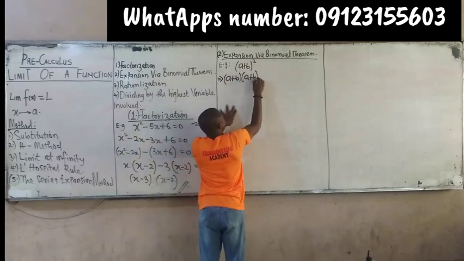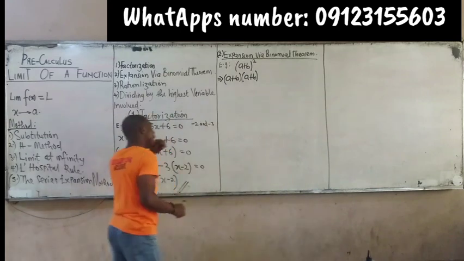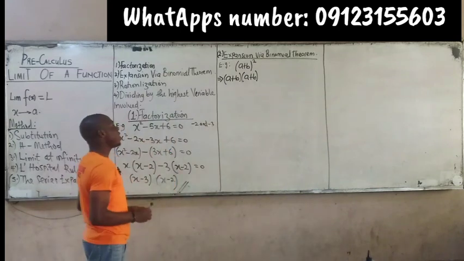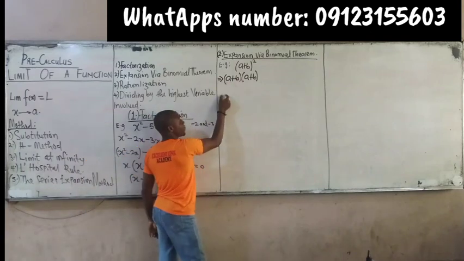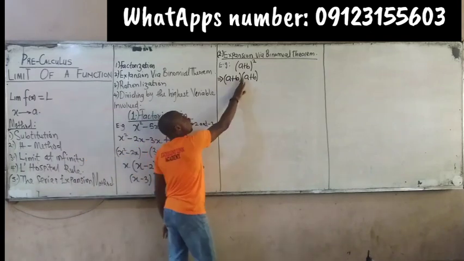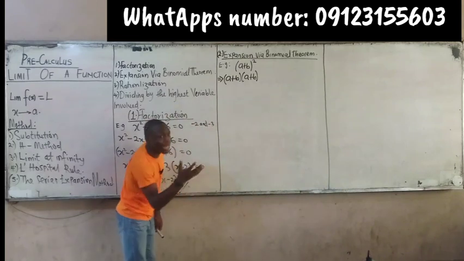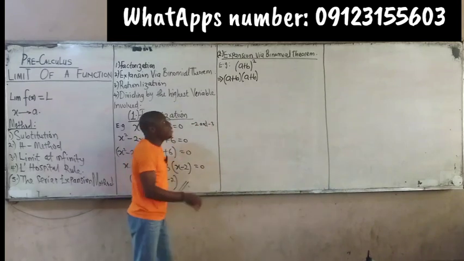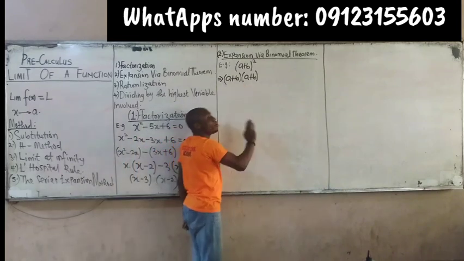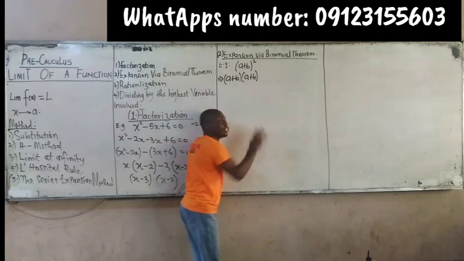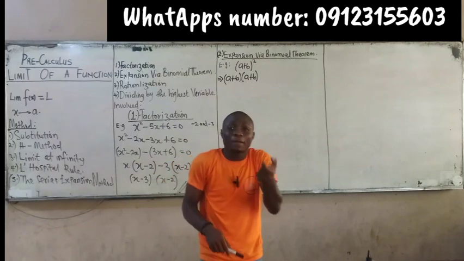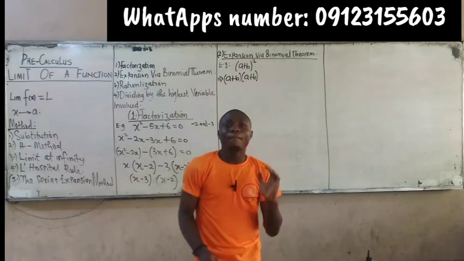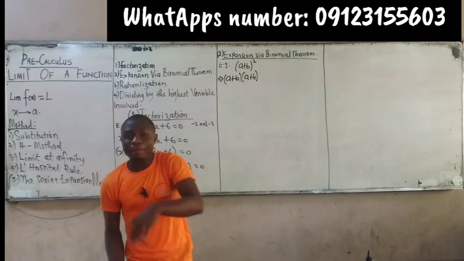I have this. At this point, now here's the logic, please. Pick out the first term here, multiply by all the terms in the second bracket. Next up, pick out the second term, multiply by all the terms in the other bracket. I said, pick out the first term in the first bracket, multiply by all the terms in the other bracket.